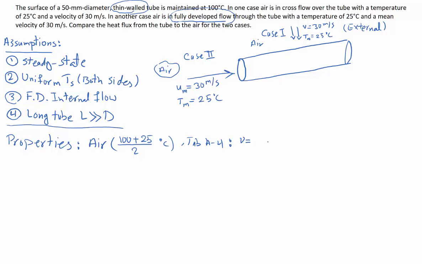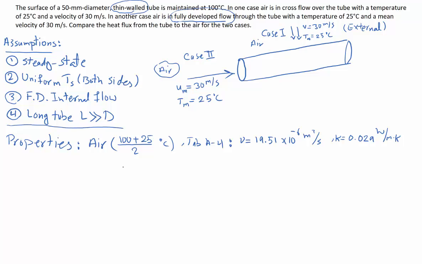We have the viscosity that equals 19.51 times 10 to the minus 6 meters squared per second. Thermal conductivity is 0.029, unit is watts per meter Kelvin.